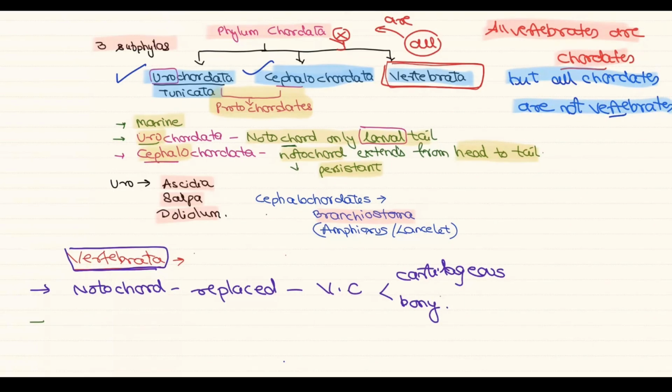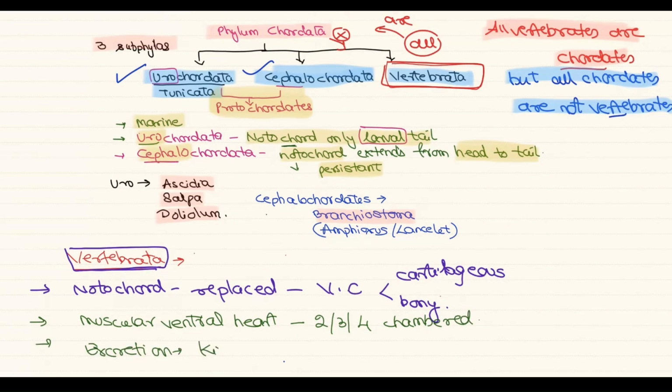Right? What are the other common structures in the case of the vertebrates? The vertebrates also have a muscular ventral heart, and this is generally two-chambered, three-chambered, or in the case of birds and mammals, it is four-chambered.